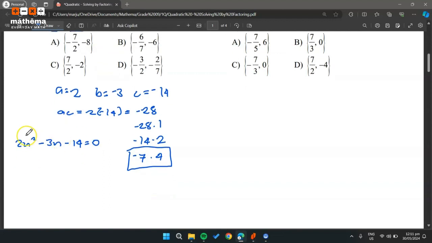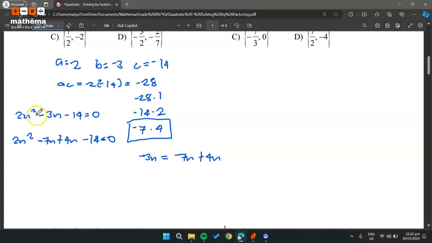We write 2n squared the same way, but instead of negative 3n, we know that negative 3n is equal to negative 7n plus 4n. So we will have 2n squared minus 7n plus 4n minus 14 equals 0.